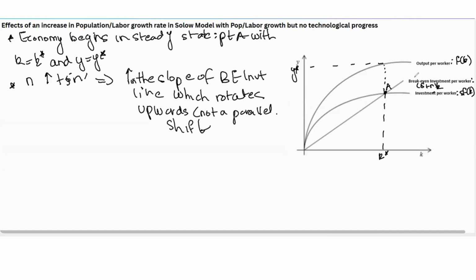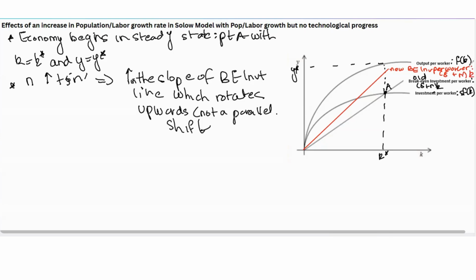So this is the old break-even investment per worker, and now we have a new break-even investment per worker, which is going to be delta plus n prime k, right?